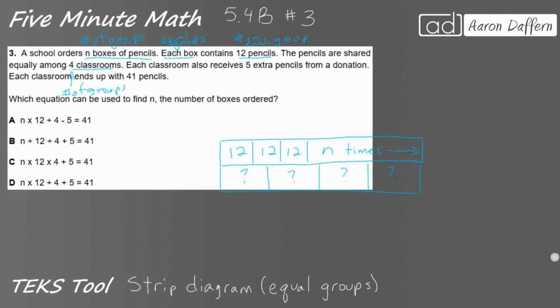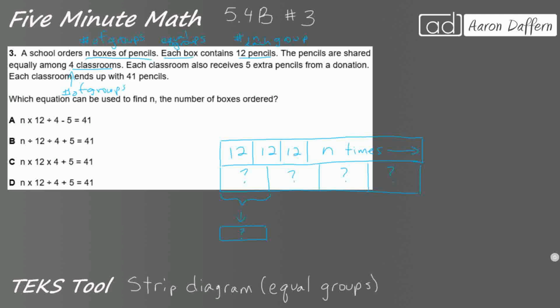Okay. But then each classroom also gets 5 extra pencils. How can we show that? Well, there's a few different ways. What I'm going to do is take this right here and zoom in on it, and I'm going to draw an extra strip diagram right here. I'm going to pull it out just so it looks a little bit separate, because here's my amount that I've got, right?